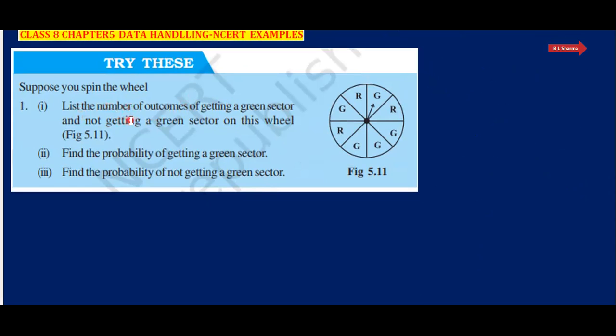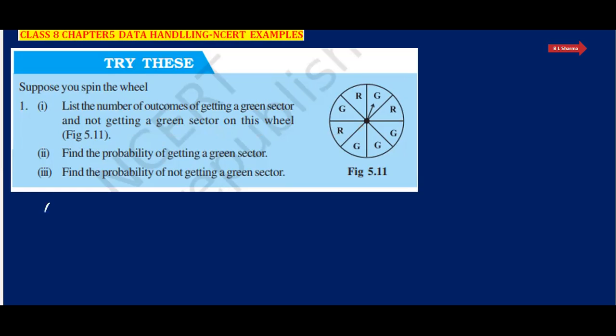Next, listen. Suppose you spin the wheel. Read the question carefully: list the number of outcomes of getting a green sector (these are sectors) and not getting a green sector on this wheel. List all these, so we can say green sector and not green sector.